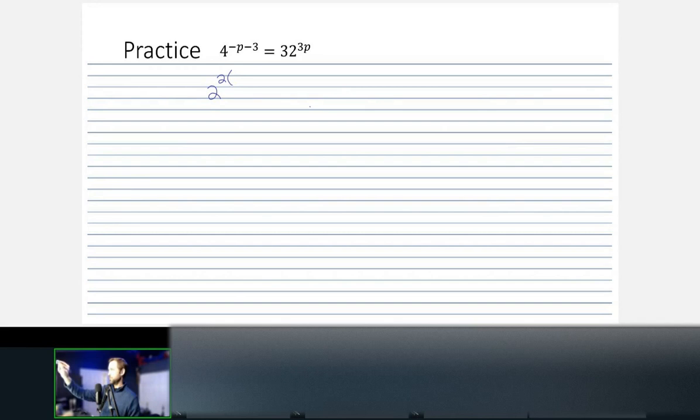And then don't forget, we already have that negative p minus 3 already up there. We have to multiply them. All right. And then I saw Naomi put 2 to the 5th power equals 32. And don't forget, we already have the 3p up there to multiply together. All right. The problem just got super easy, right?